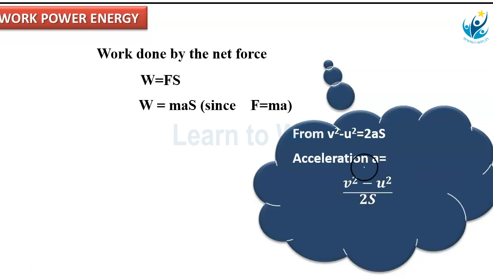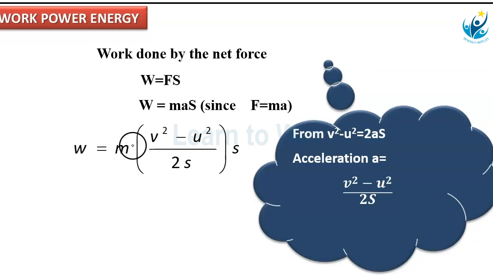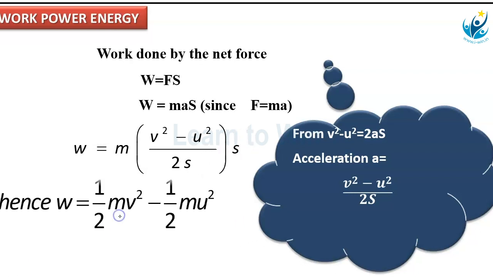Now, substitute this acceleration in place of a. Then W is equal to m into (v square minus u square) by 2s into s. s cancels. Then W equal to half mv square minus half mu square.